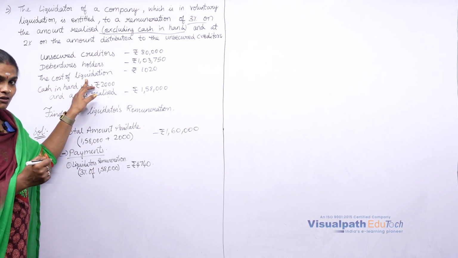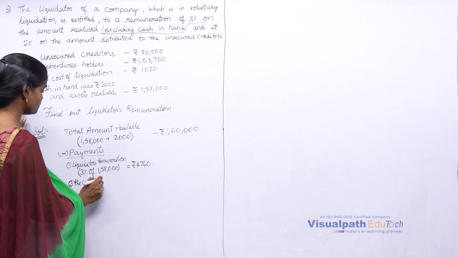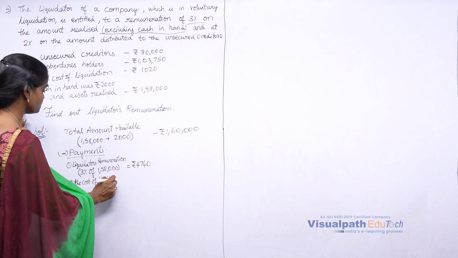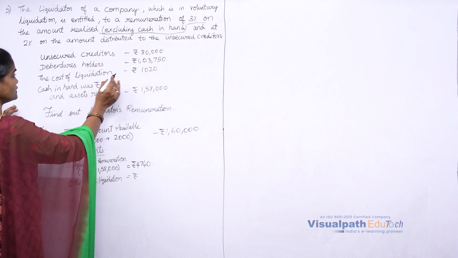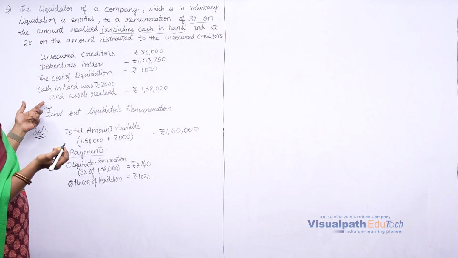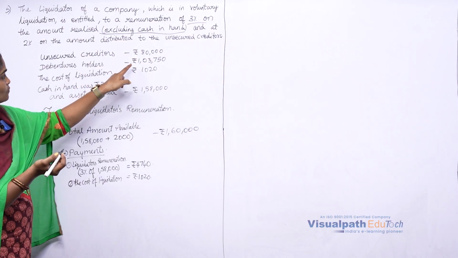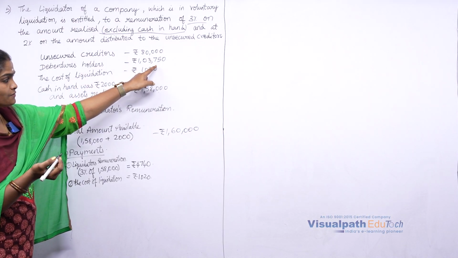After that, the cost of liquidation. First, the liquidator's cost has to be deducted. So second, the cost of liquidation, which is given as 1,020. Clear? After that, what will be the next payment? Debenture holders. Debenture holders are 1,03,750.